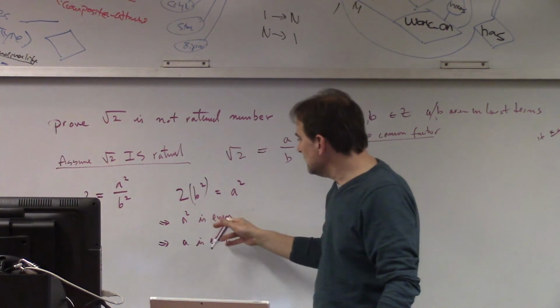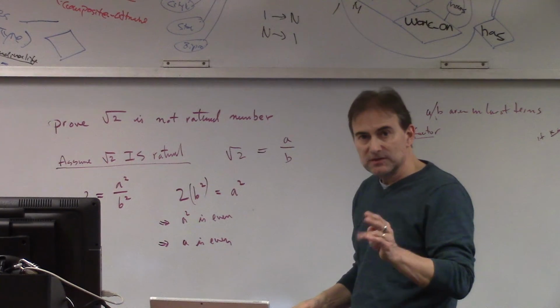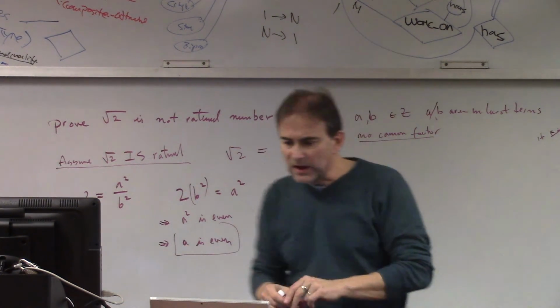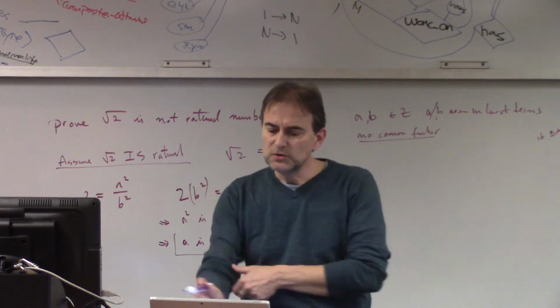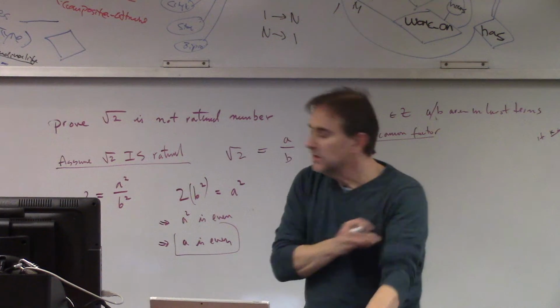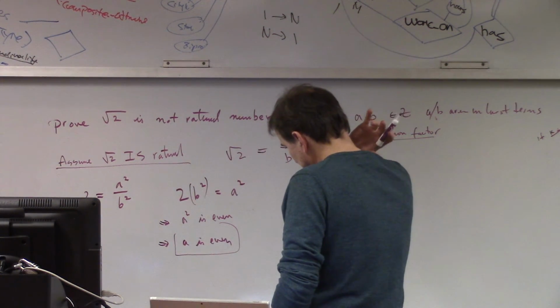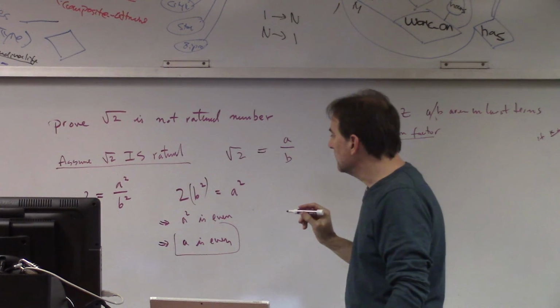So a squared is even implies a is even. And if a is even, we know what that means. So we're going to say it just like that. Okay, so now what we're going to do is we can also solve this equation by solving for b squared.